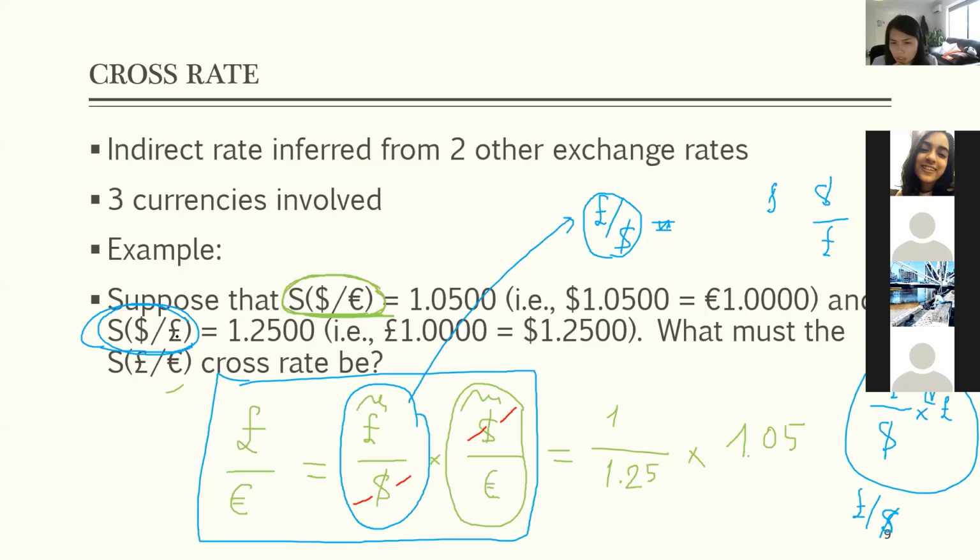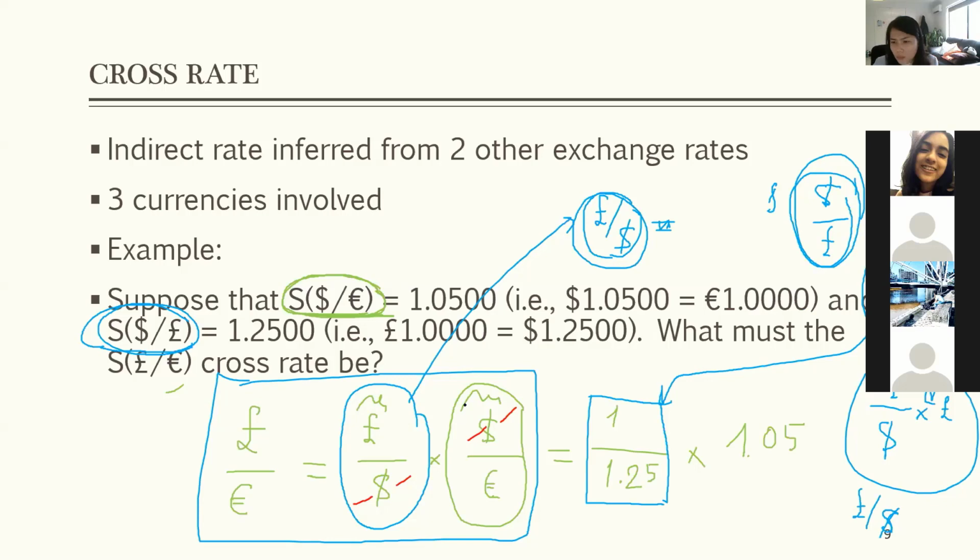So where were we? In the question, we're given the dollar over pound exchange rate, and what we want is the pound over dollar exchange rate. To find this number, you need to take the reciprocal of the number given in the question. That will be the first part of my calculation.